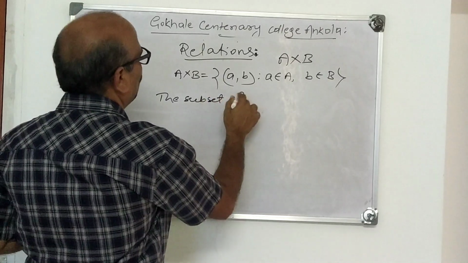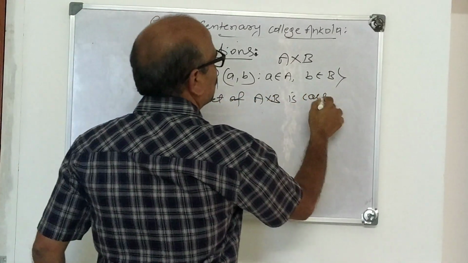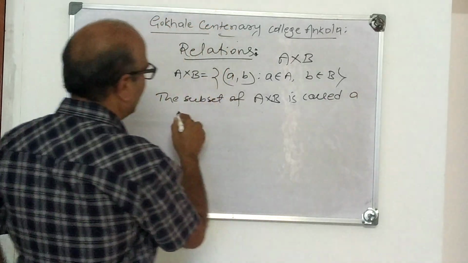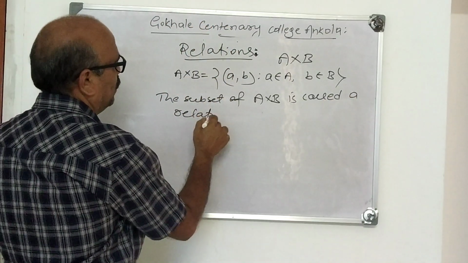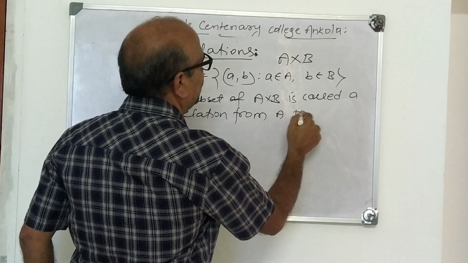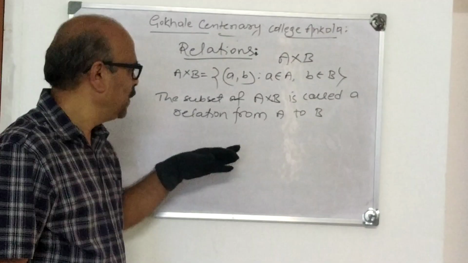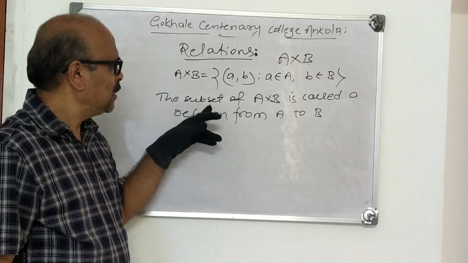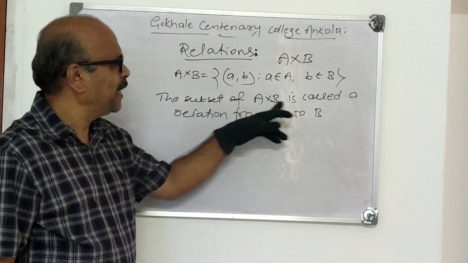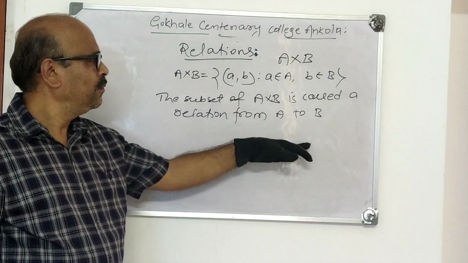The subset of A cross B is called a relation from set A to B. The definition is quite simple.